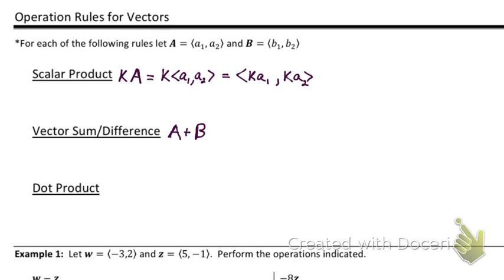I just wanted to get where that vector is going to terminate. Well, remember, vector A is just a sub 1 comma a sub 2, plus b sub 1 comma b sub 2.